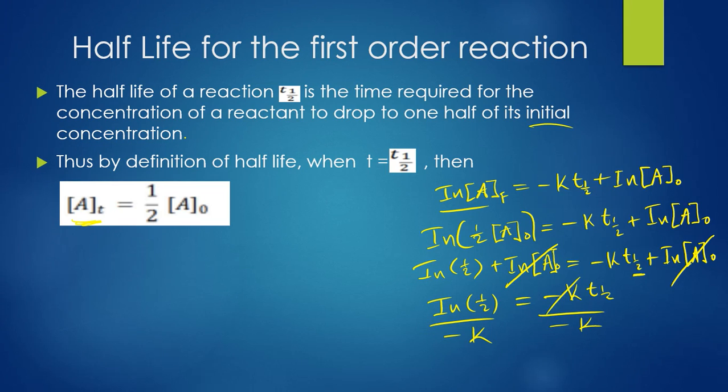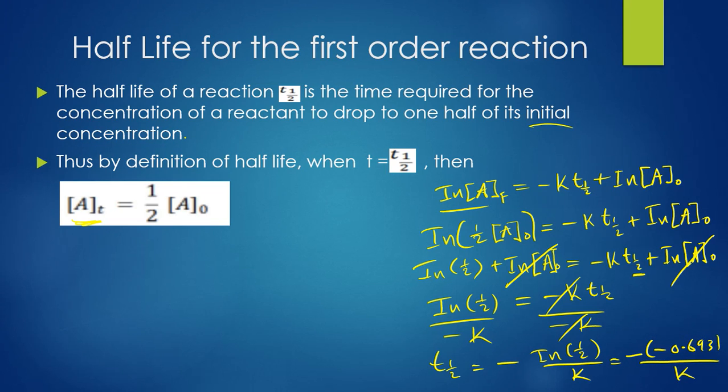When you cancel, you get t 1/2 equal to ln of 1/2 over negative k, and when you do ln of 1/2 on your calculator, you get negative 0.693 over k.